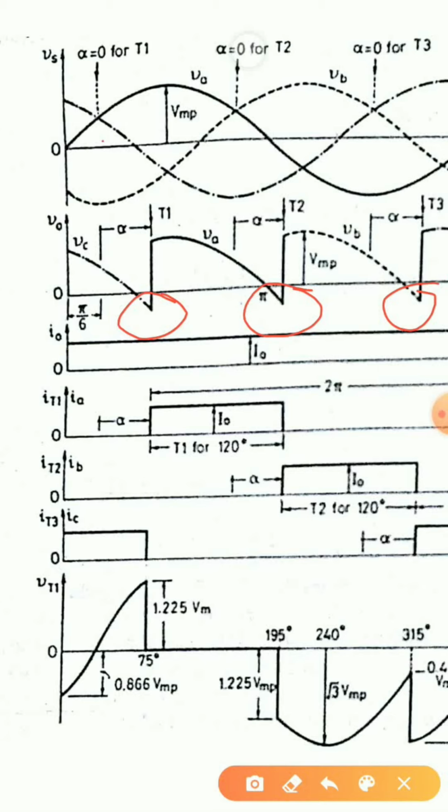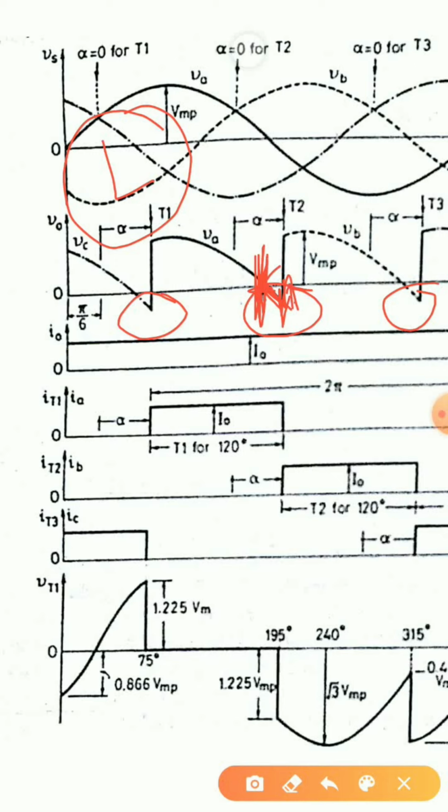Why are we getting this extension? This extension is because the inductor in the load has stored some energy, and when my thyristor is turned off here because of line commutation or natural commutation, the inductor will start to discharge, and this is the portion that I am getting because of the discharge of my inductor.